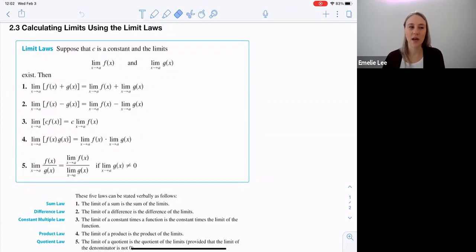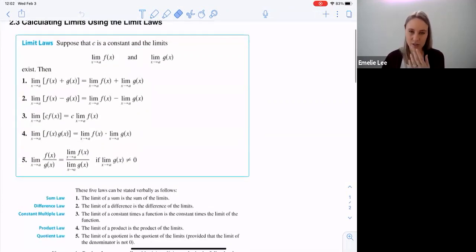And so we're going to talk about these. It's not until the next page of our notes that we actually get some examples and see how all this works. So I've summarized all our limit laws here. Well, I haven't, I stole them, but they are summarized here.